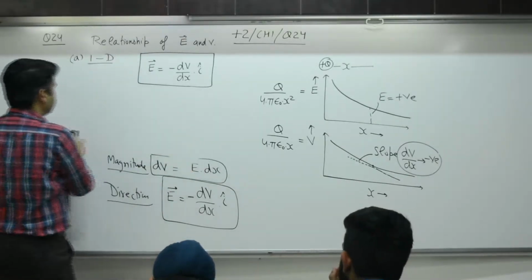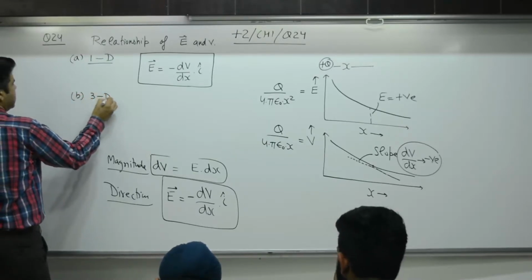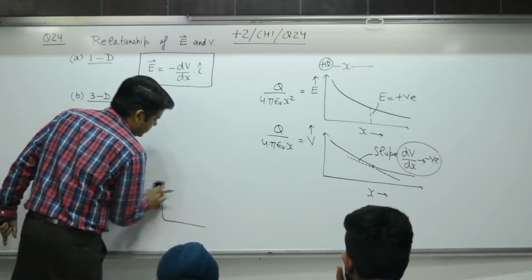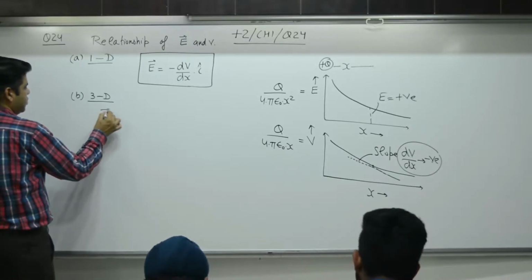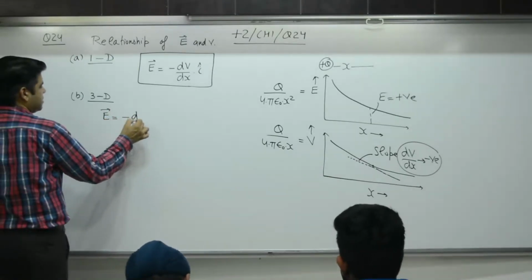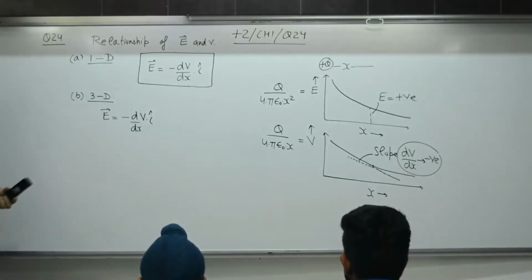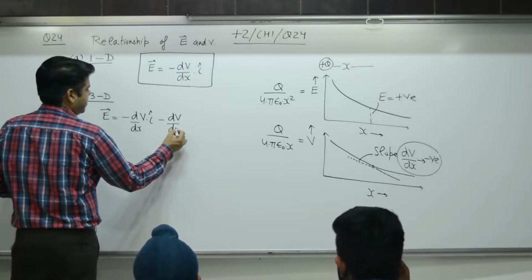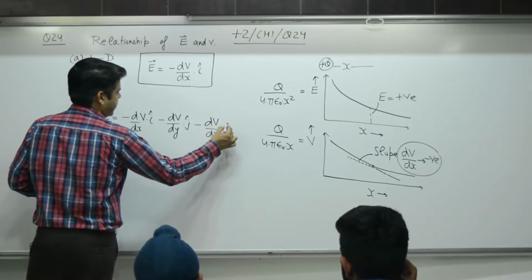Without proving, we can write it for three dimensions. If V is a function of x, y and z, then E is equal to minus dV by dx i, minus dV by dy j, minus dV by dz k.